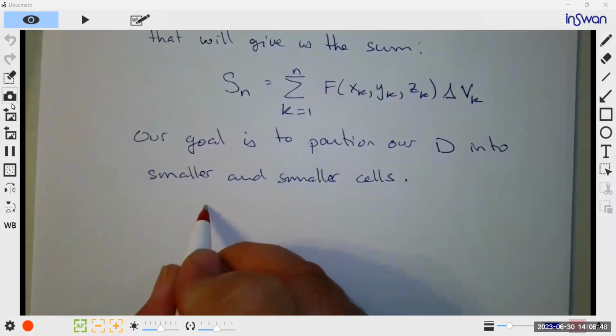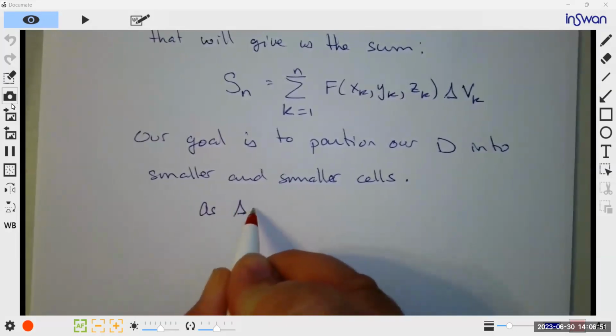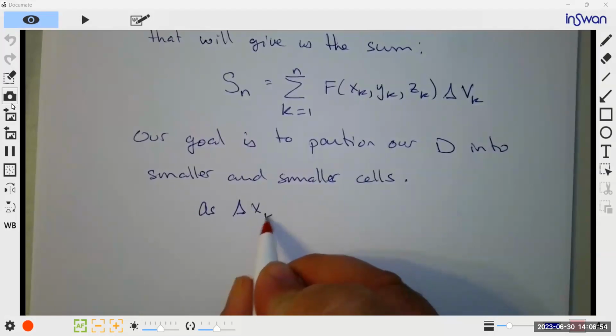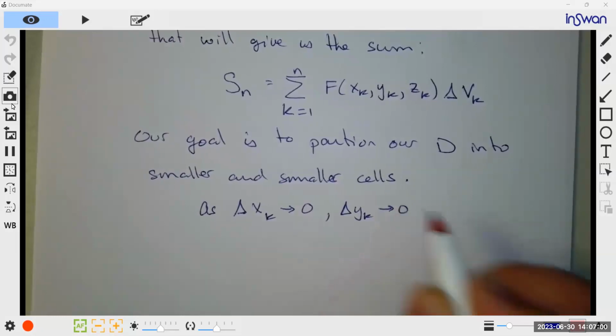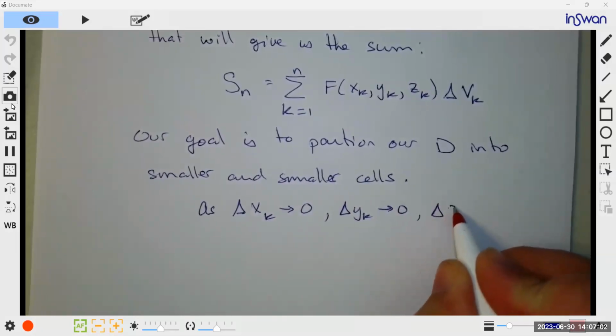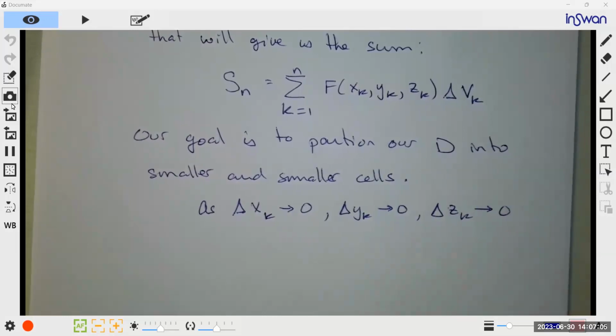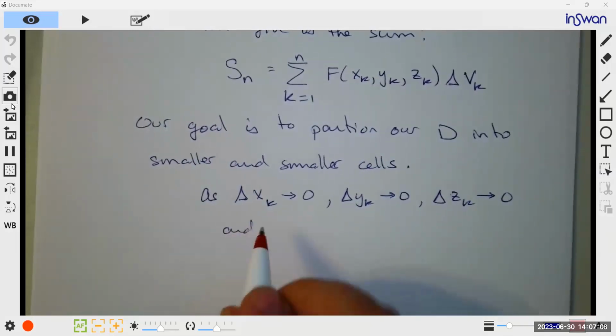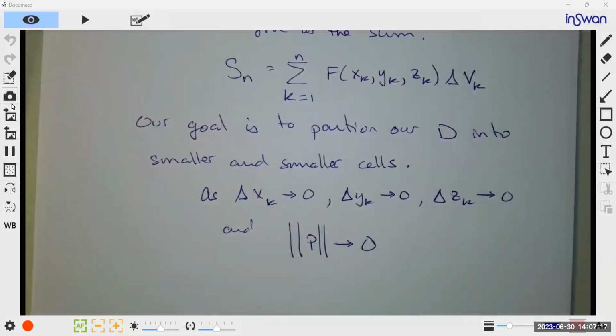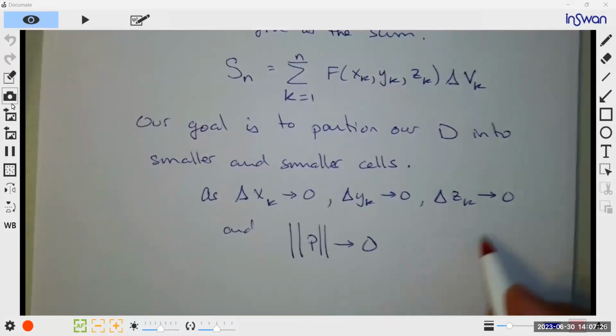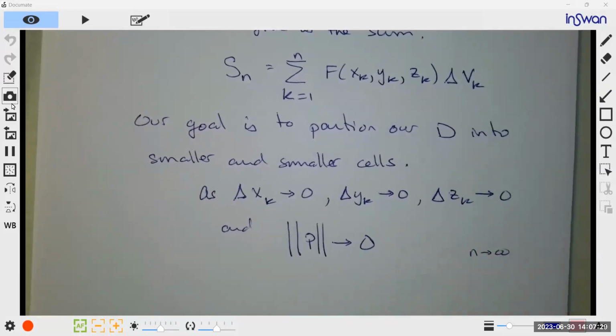In other words, as our delta x's go to 0, our delta y's go to 0, and our delta z's go to 0. As all those go to 0, we use the norm and it goes to 0. Remember last section that the smaller they get, the more terms we have, and so eventually the number of items goes to infinity.